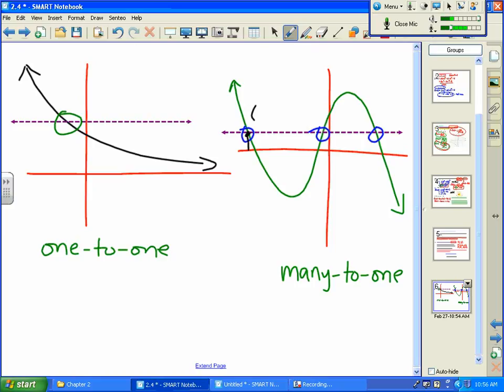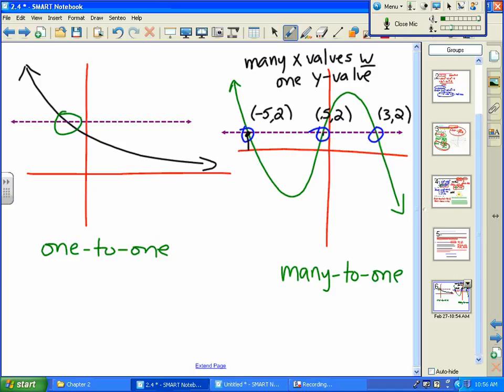This point here is probably (-5, 2). This might be (0.5, 2). And this might be (3, 2). You can see how there are many x values with one y value. That's what many-to-one represents. And I think you can probably predict what one-to-one means.